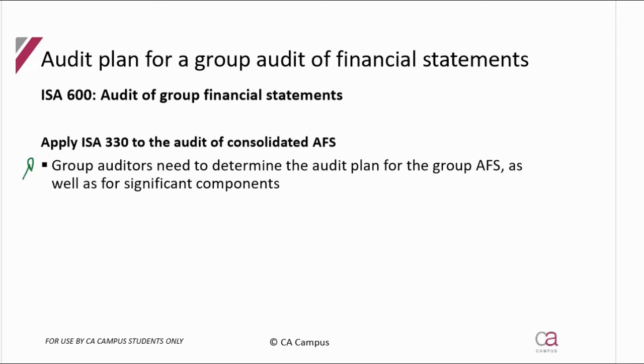So they need to also work towards an audit plan that's going to allow the group financials to come free from material misstatements. Okay, so your significant components will have their own audit plan for just the individual company, but then they will also have a group audit plan that they need to also consider in being able to report back to the group.